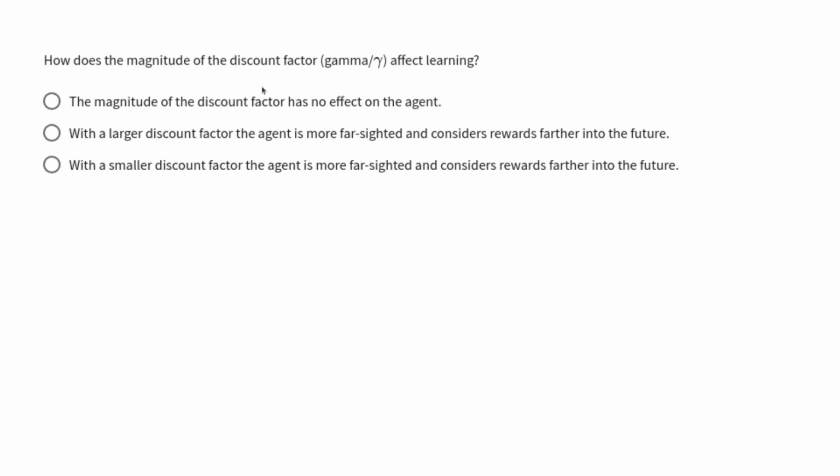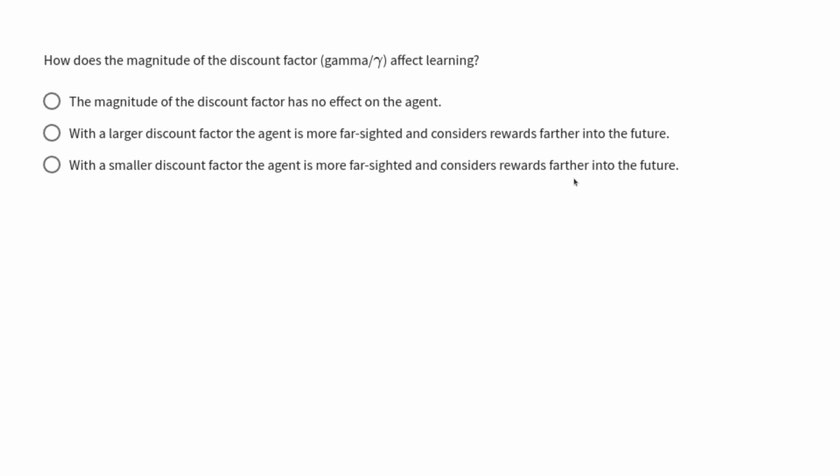How does the magnitude of the discount factor affect learning? The magnitude of the discount factor has no effect on the agent. Does it so? No, it has some effect. With a larger discount factor, the agent is more far-sighted and considers reward further into the future. With a smaller discount factor, the agent is more far-sighted, considering reward further into the future.